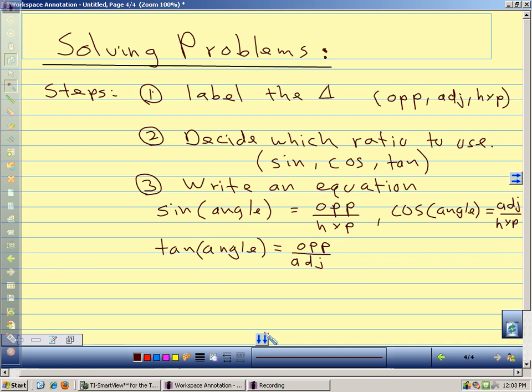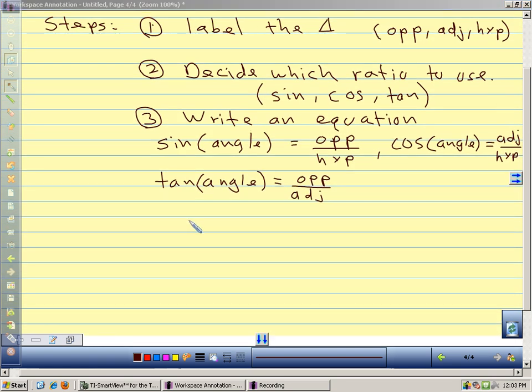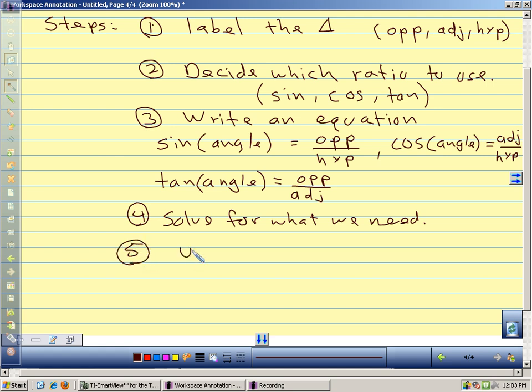So depending on which sides we have tells us which ratio to use, and that tells us which equation we need to write. Our fourth step, just like before, we're going to solve for what we need. And finally, at the end, we're going to use a calculator.